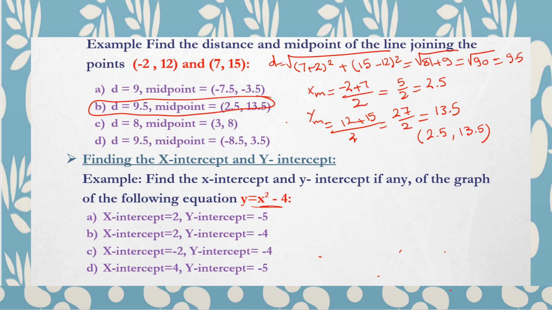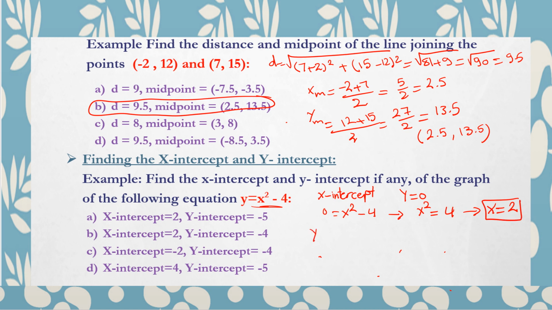To find the x-intercept, we set y equals 0 and solve the equation for x. So 0 equals x squared minus 4. x squared equals 4. Then by taking the square root of both sides, x equals 2.